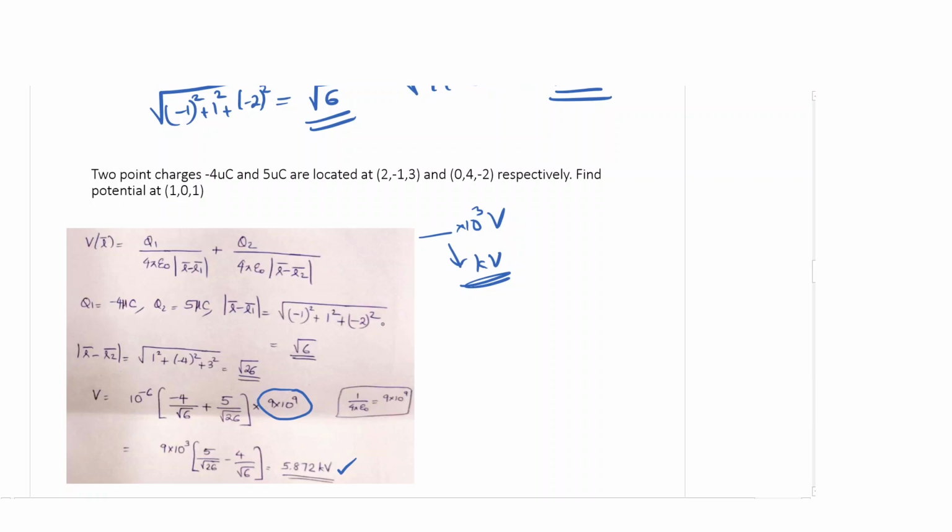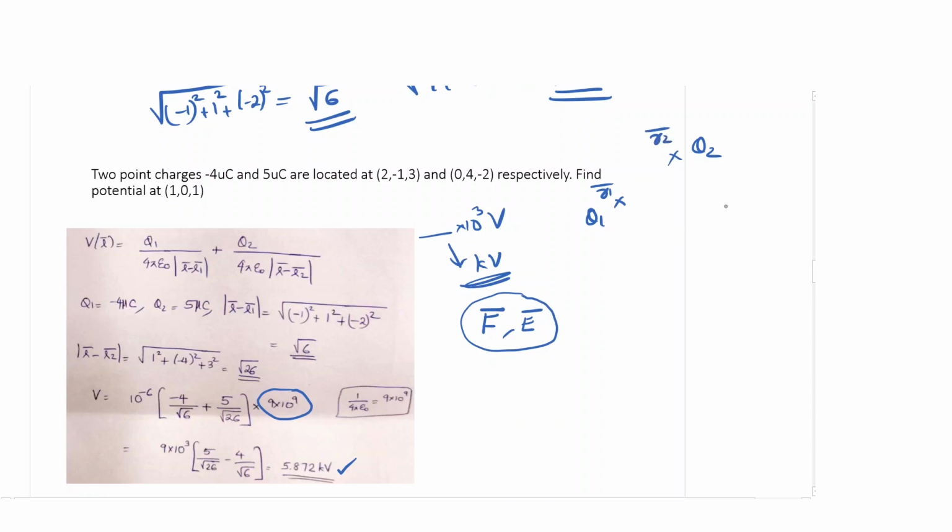The same method can be used for calculating electric force experienced by a unit charge due to other charges or electric field intensity at a point. But in these two cases, the difference is they are vector quantities, so the equation will be different. Say there are two charges, Q1 and Q2, at positions R1 and R2.